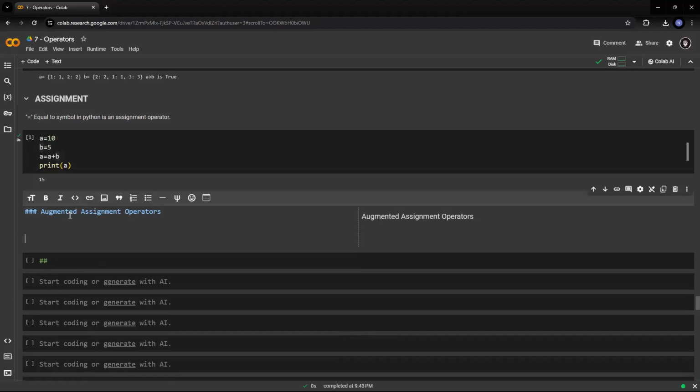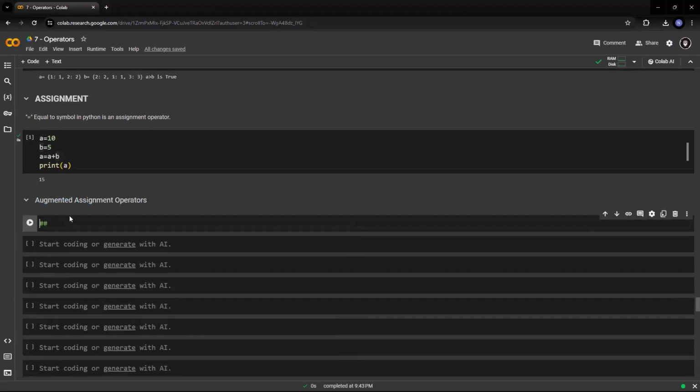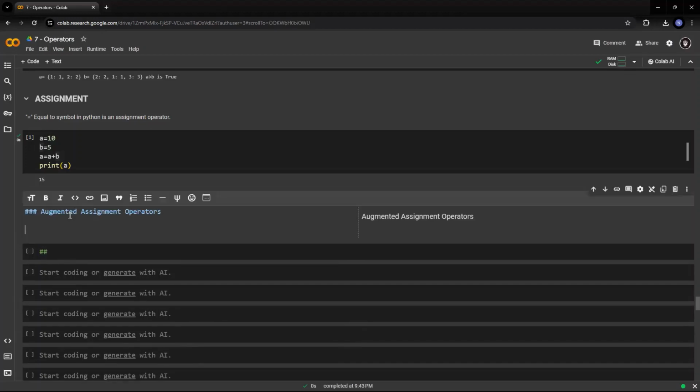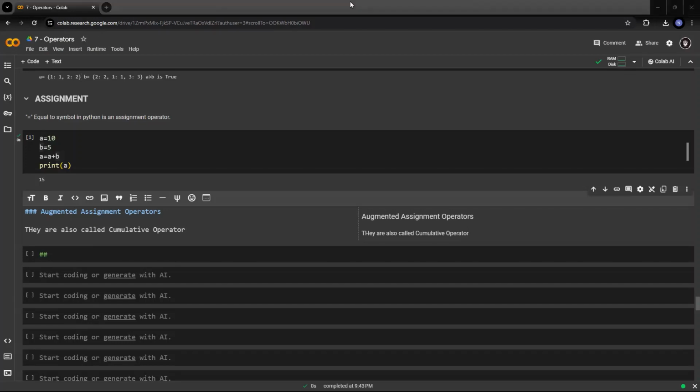In addition to the simple assignment operator, which is equal to, which you have seen right now, Python provides a few more assignment operators for advanced use. They are also called cumulative operators. Why I say cumulative operator, we'll see in the next various augmented operators.